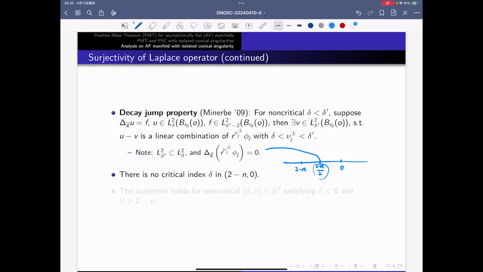And so now by using the decay jump property, we can extend this to this region, right? So less than or equal to zero, strictly less than zero.